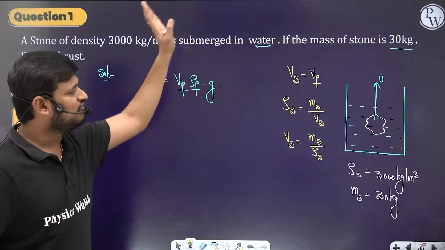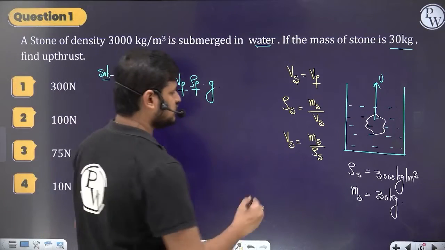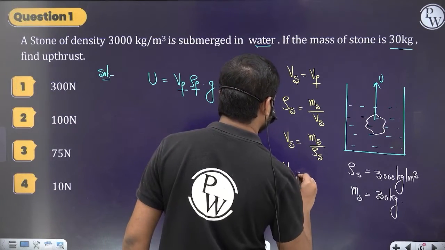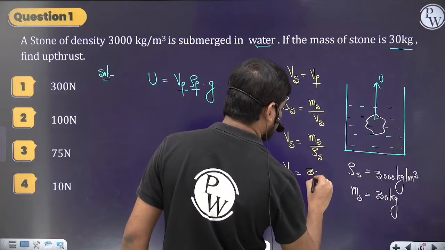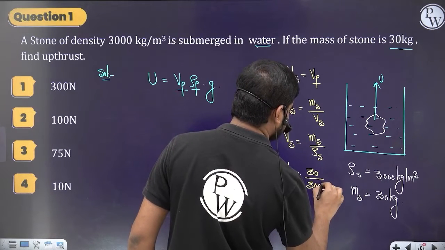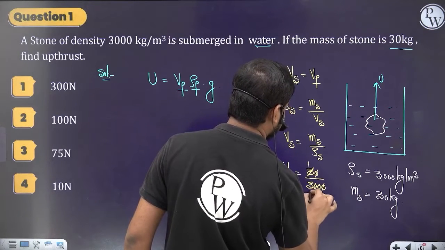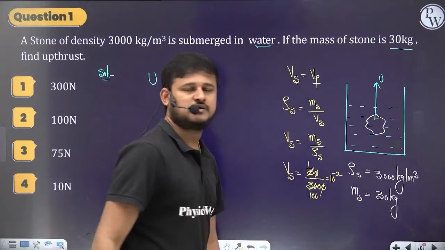I am going to follow this terminology throughout this chapter. So Vs, the volume of the stone, is equal to the mass of the stone, 30 kg, by the density of the stone, 3000. So here 3 ones are 300 times, which is nothing but 10 to the power minus 2, I got.